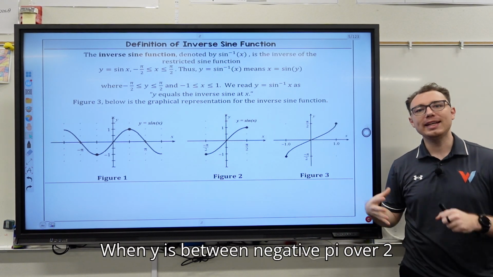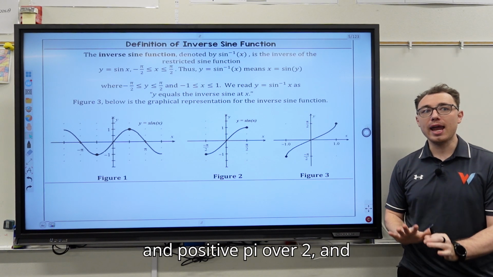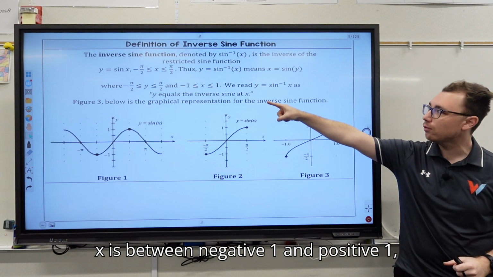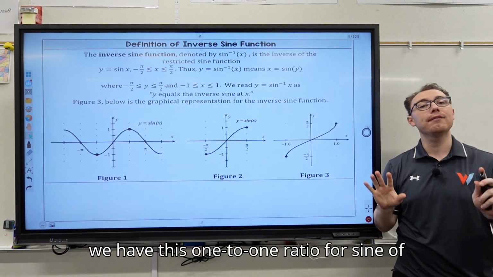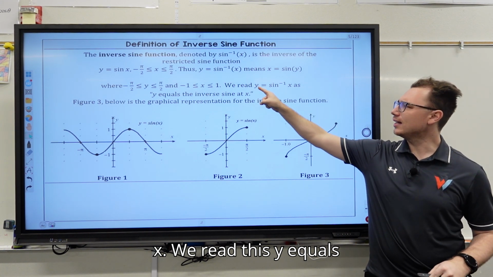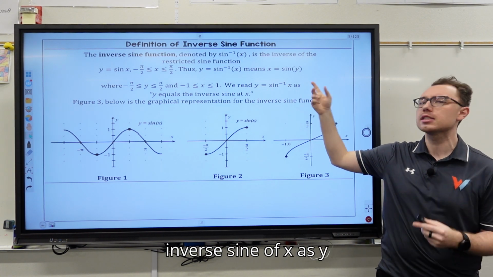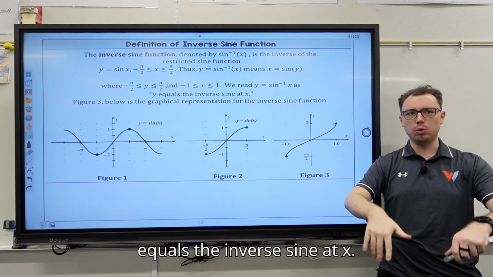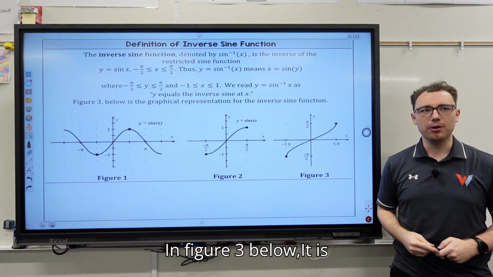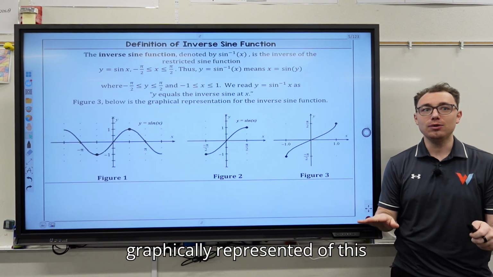When y is between negative pi over 2 and positive pi over 2, and x is between negative 1 and positive 1, we have this 1-to-1 ratio for sine of x. We read y equals inverse sine of x as y equals the inverse sine at x. In figure 3 below, this inverse sine is graphically represented.